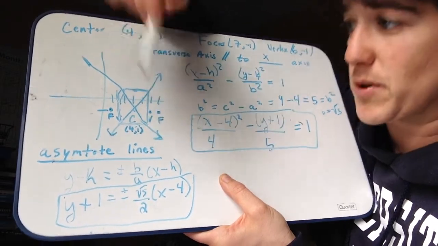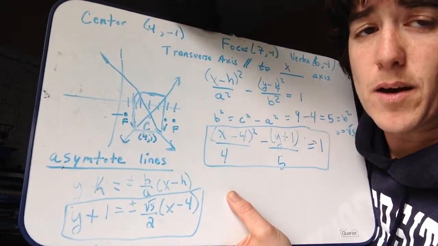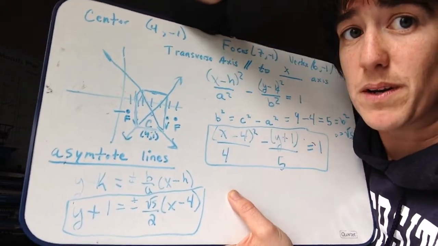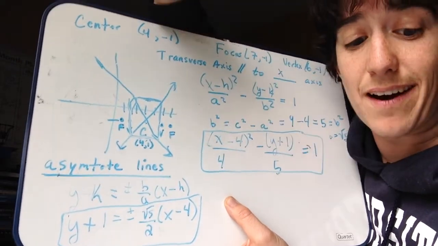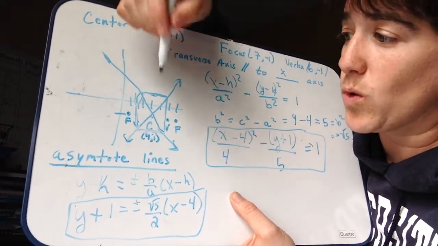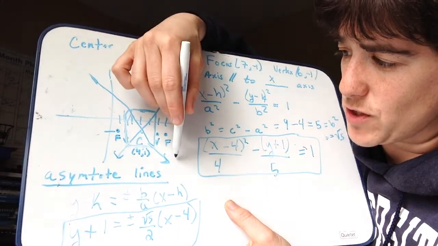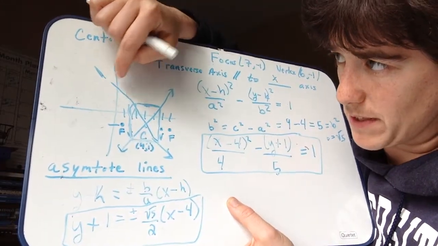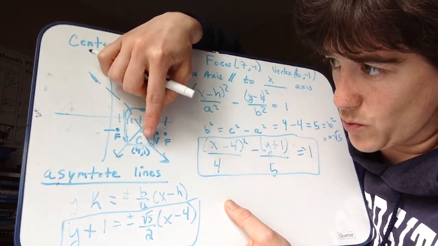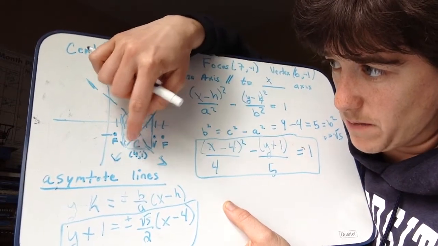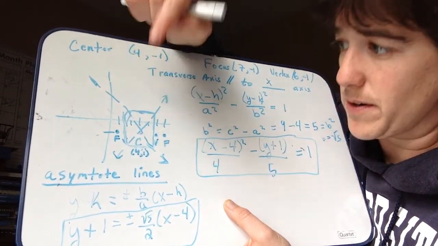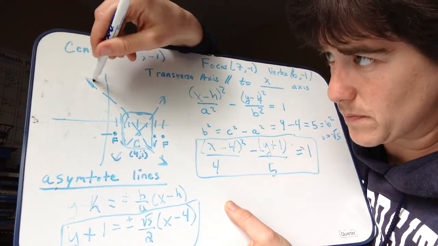Okay? Now remember, an asymptote is a line that my branches are going to approach but not actually touch. Okay? I'm just going to make these dotted so that we don't get them confused with our branches that we're about to graph here. Make those dotted. Okay, those are my asymptotes.